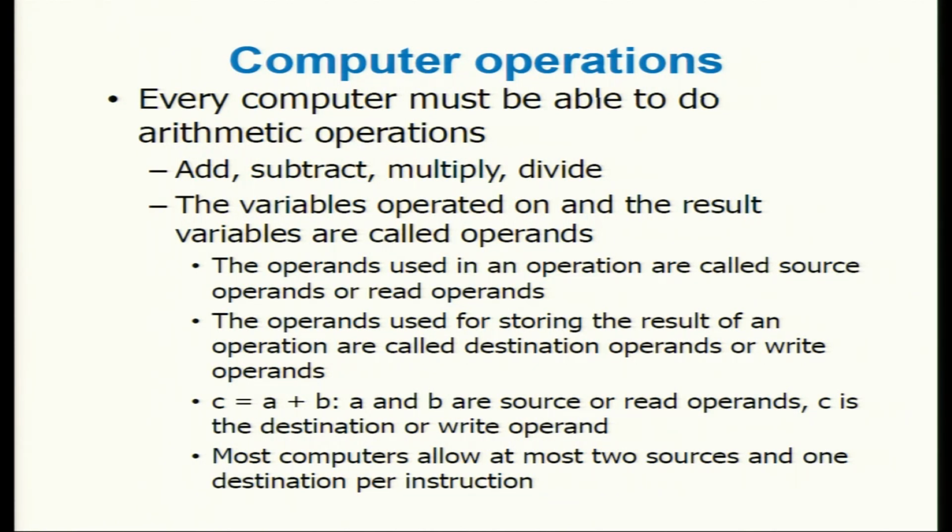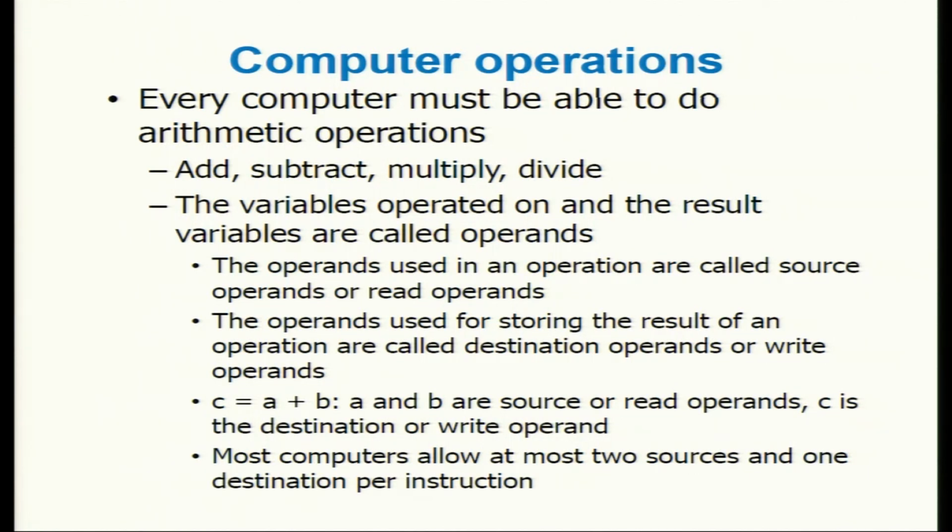There could be other operations also, but these four are rudimentary. They are very much required. The variables operated on and the result variables are called operands. The operands used in an operation are called source operands or read operands. That is, the operands which we read. The operands used for storing the result of an operation are called destination operands or write operands. That's the operand we are going to write to.